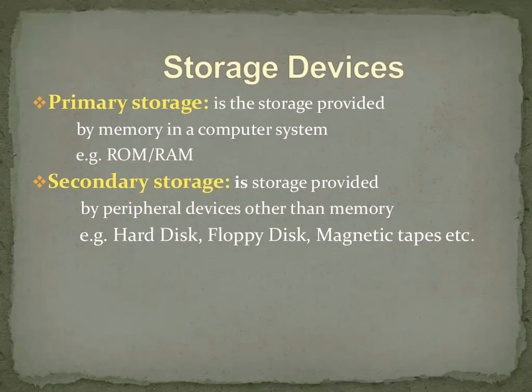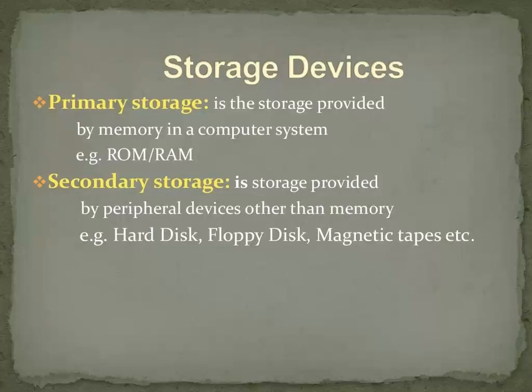Coming to secondary storage, which is the storage provided by the peripheral devices other than memory. Peripheral devices are nothing but the external devices which provide us storage. For example, hard disk, which can be used as an extension for storing the data, and floppy disks, which nowadays we don't use, but in the olden days they used a lot of floppy disks for saving data.